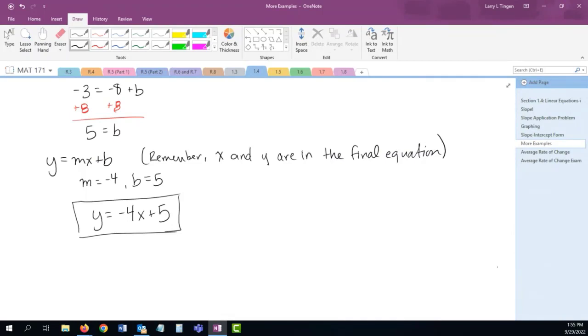All right. There is another way to find the equation of the line, and it's on the next page. But first, let me finish this problem up. It said, write this in function notation. Instead of calling me Lawrence, you call me Larry. y is a valid name for this relationship, and so is f of x.